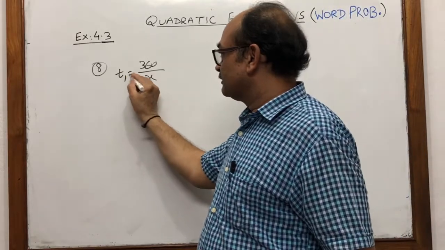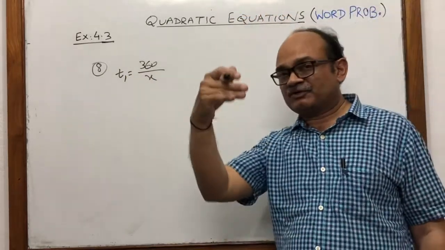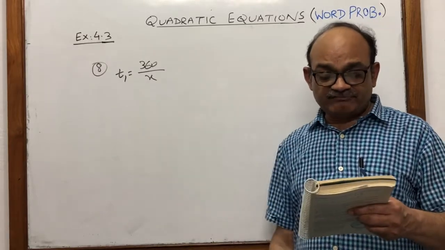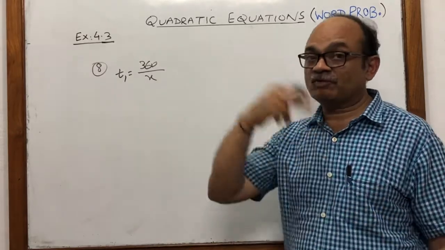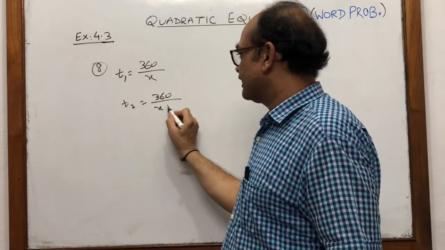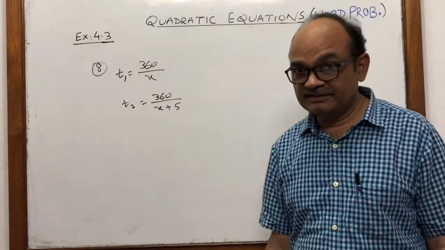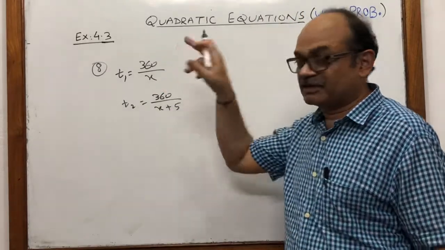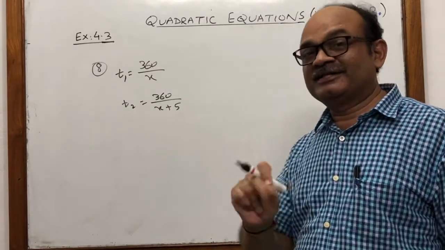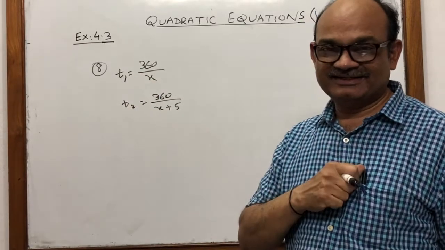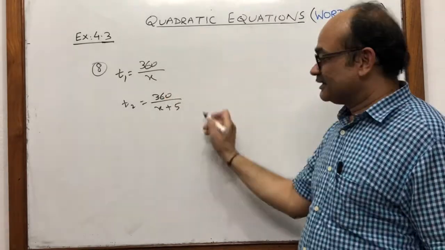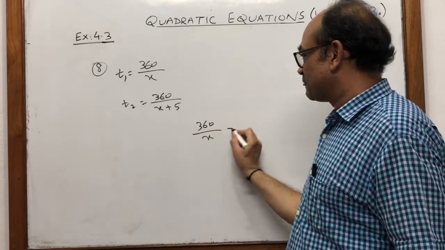Time taken in first case, distance upon speed, that is 360 by x. Second portion, if the speed had been 5 km per hour more, time number 2, speed increased, x plus 5. Now the speed is increased, which means time will be less in this one. When you ride a slow cycle and a fast cycle, when will you reach school sooner? When you ride fast. It means one takes less time, the other takes more time. It means the difference is given in the question.